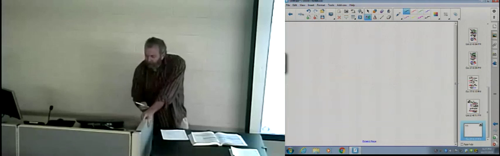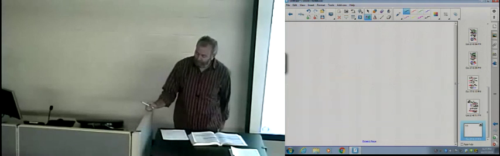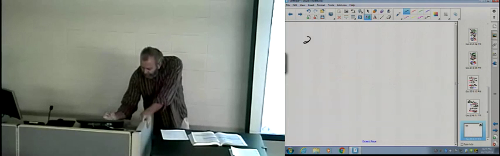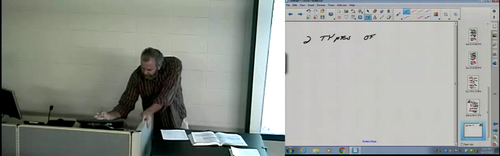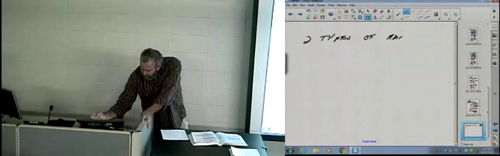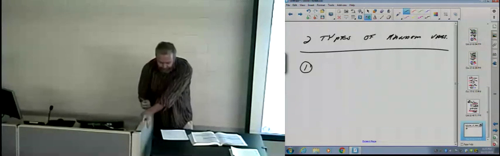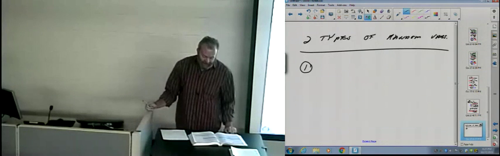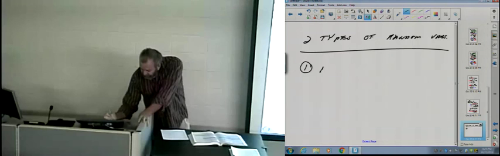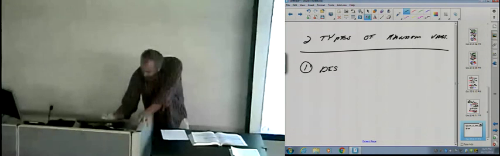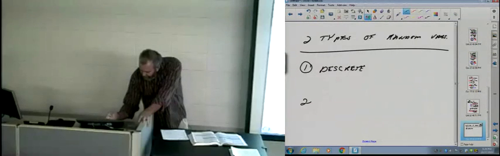Now, the very last thing I have here. Just like there are two types of probability models, there are two types of random variables: discrete and continuous. I don't use finite here; I'm actually going to use discrete.